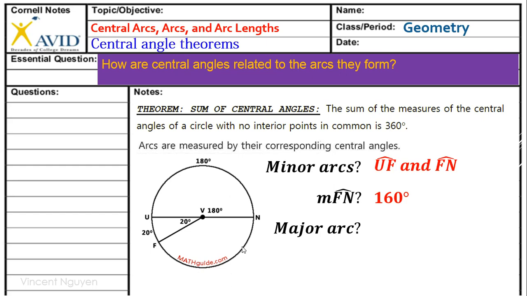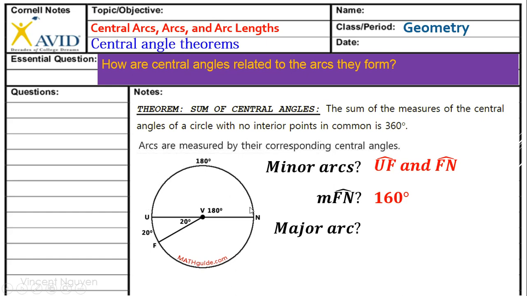And then the major arcs, there should be an S there, because I could get two of these. I could start from F and go all the way to N. That's bigger than 180, right? Remember, we have to use three letters to name these things. I could go F, U, N. That's one big major arc.